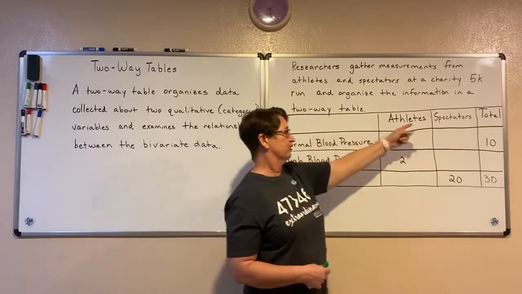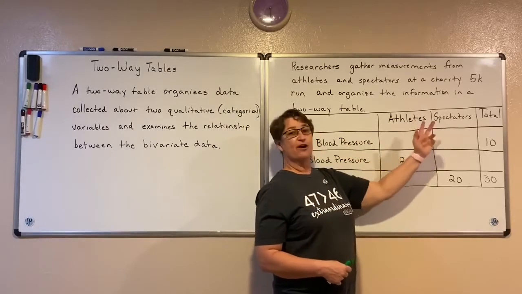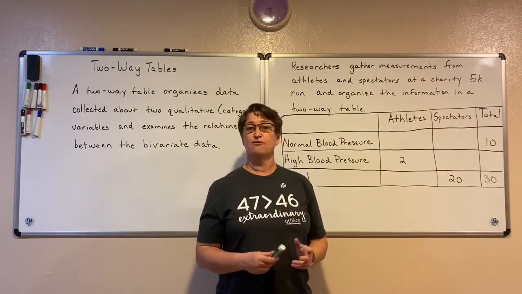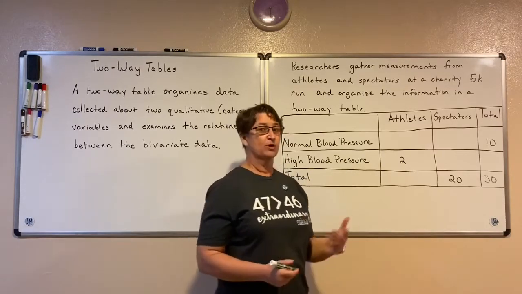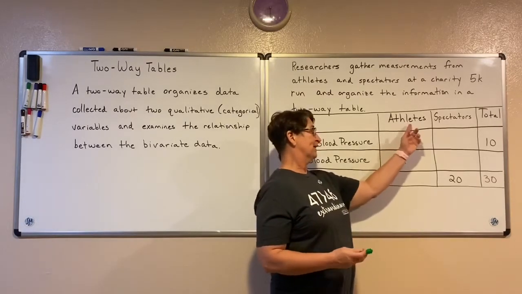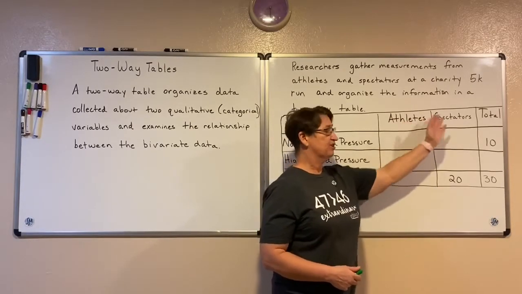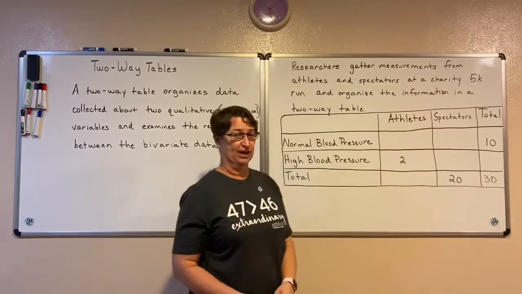So here along the top, our variable is what is the position of a person at the 5K. And those people would either be athletes or spectators. So this is the position that they held at the 5K.